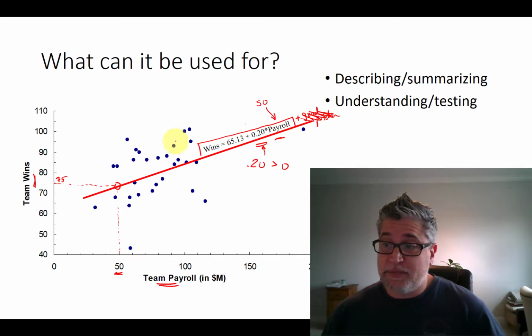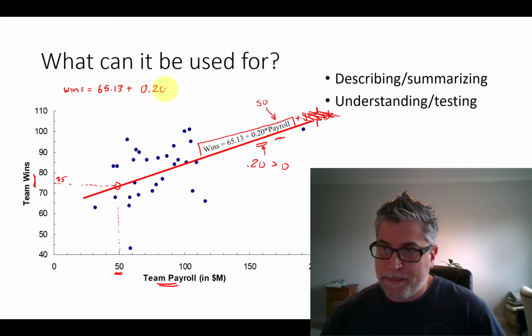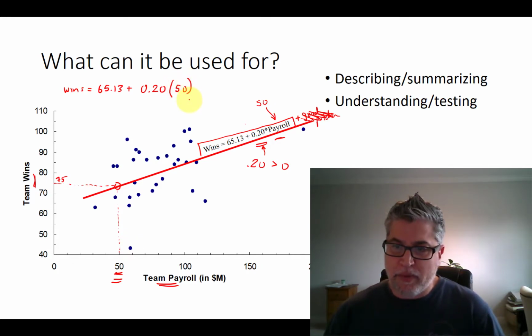In fact, we can get a specific number. What is the predicted wins? Well, here's our equation again. And payroll, we said, was 50. What if we had 50 for our payroll?